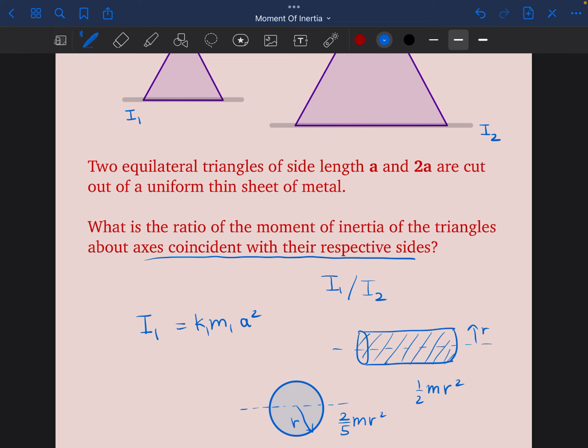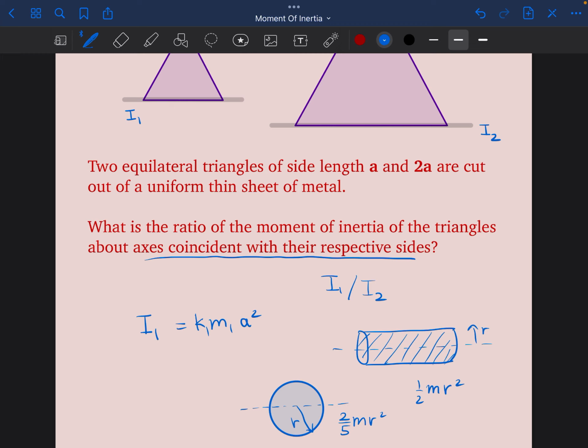So you can observe a pattern here, that the moment of inertia always has the form of some constant times the mass of the body times the square of some length in the body. That length I can change.